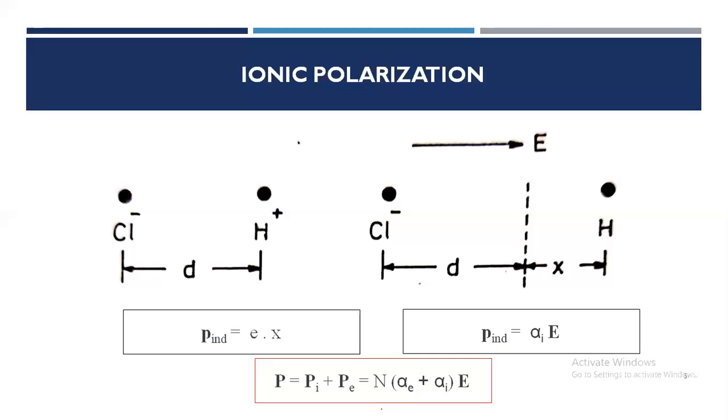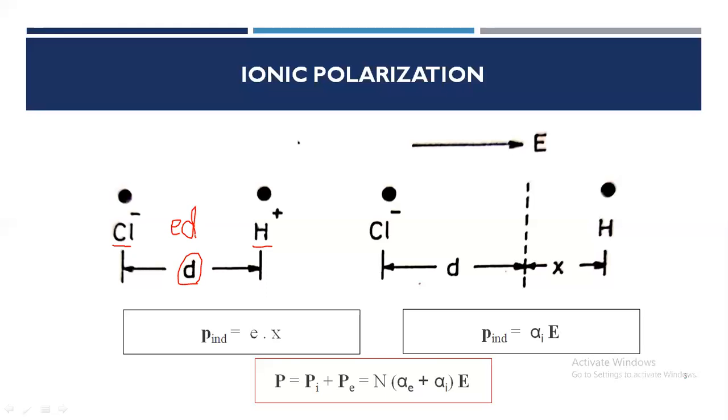As you can see here in this figure, the chloride and hydrogen are shown with the distance d. So the dipole moment is nothing but E into d, where E is the electron charge.